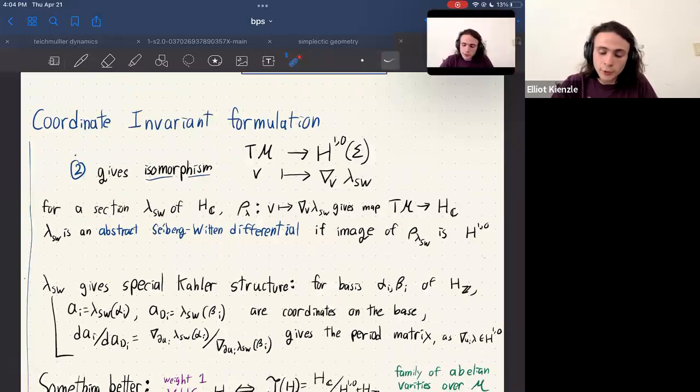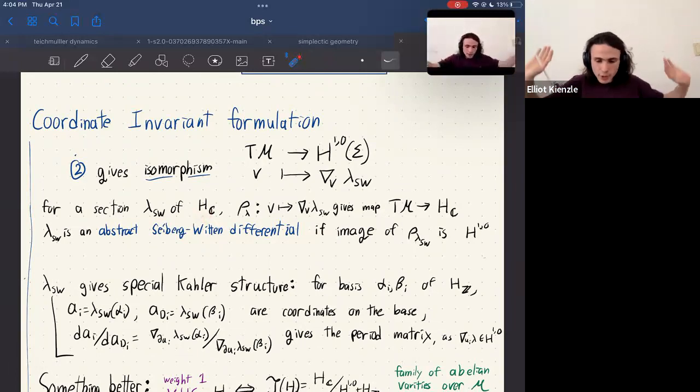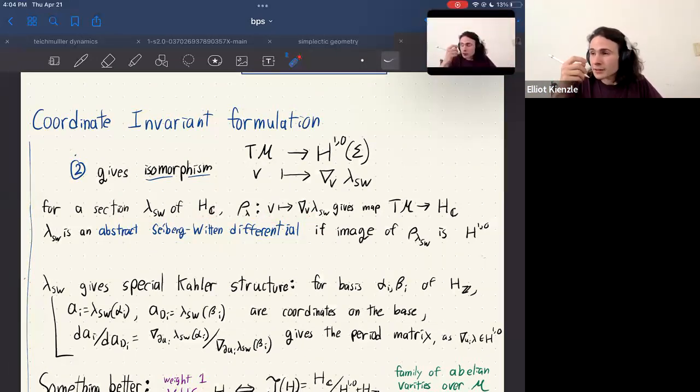So just for any section of your vector bundle, stepping back from cohomology and just looking at the Hodge structures, you're going to have this map showing up where you take the vector and you look at the deformation of the form of your section in that direction on the base.